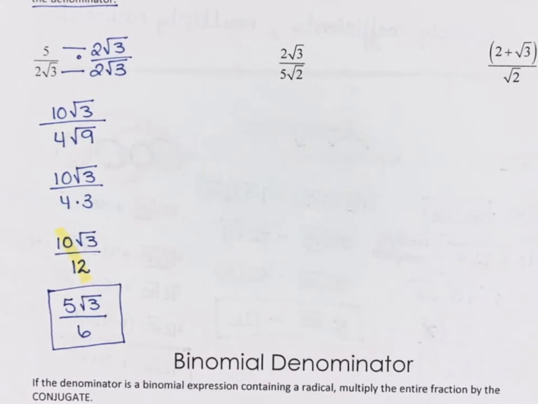Okay, so I'm going to hit pause, and you guys are going to do the second one on that. I'm going to freeze the screen so you can't see what I'm doing. What are we multiplying by? 5 root 2. Both top and bottom.